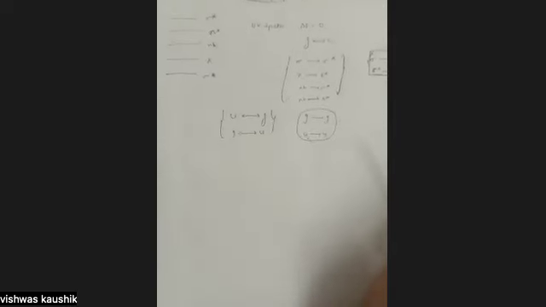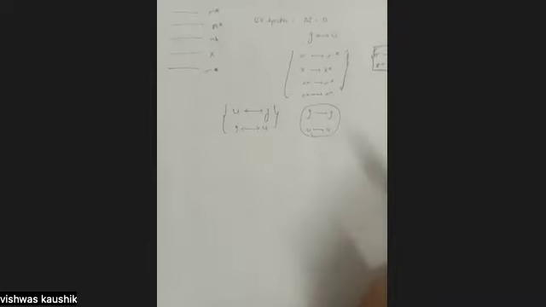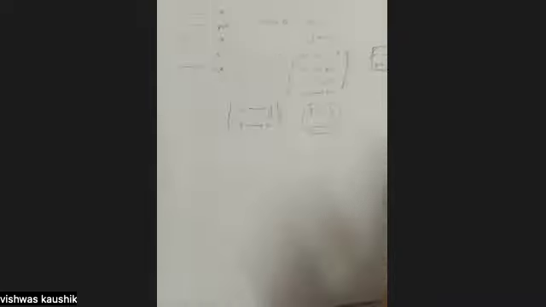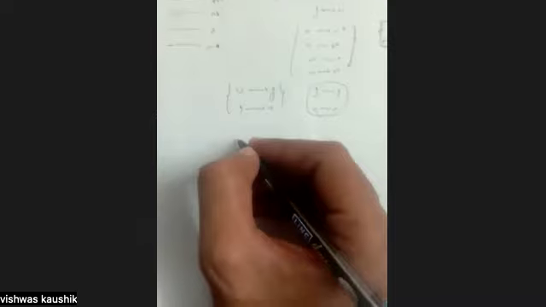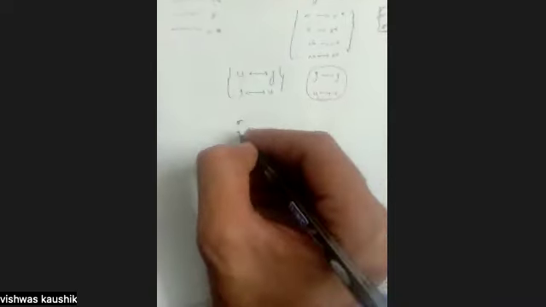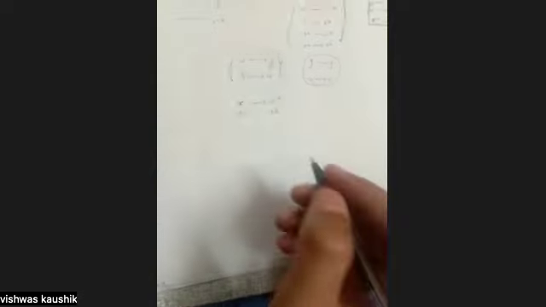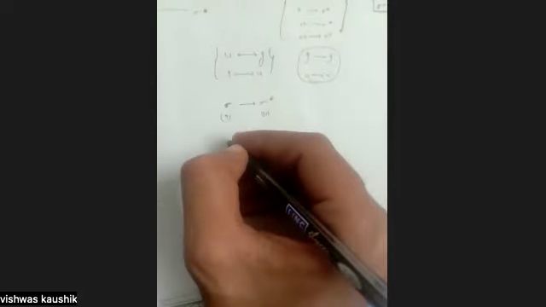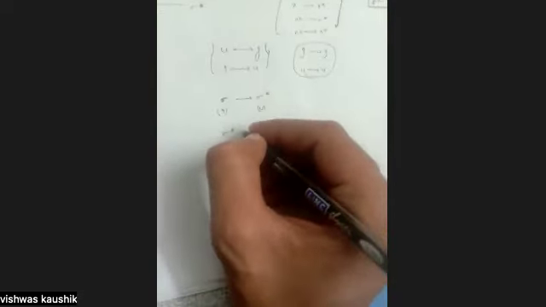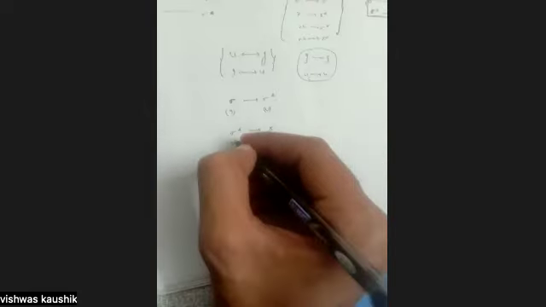For example, sir, if we take sigma orbital which is gerade, and from sigma to sigma star which is ungerade, so this transition is possible. But if we take sigma star and pi, sigma star is ungerade and pi is also ungerade, so this transition is not possible.